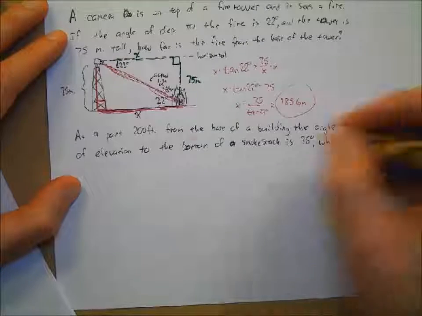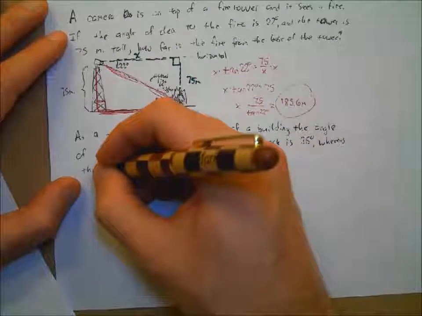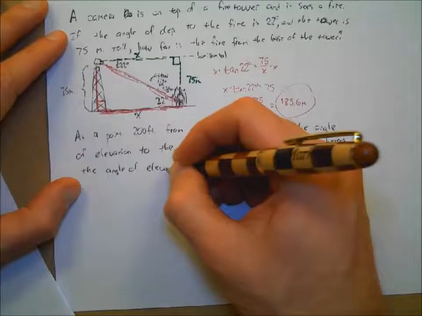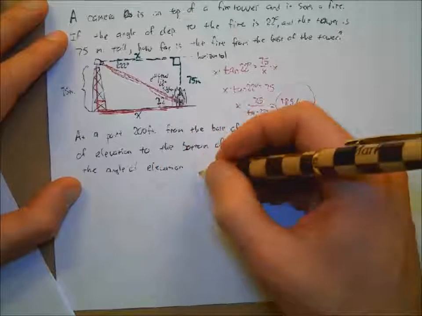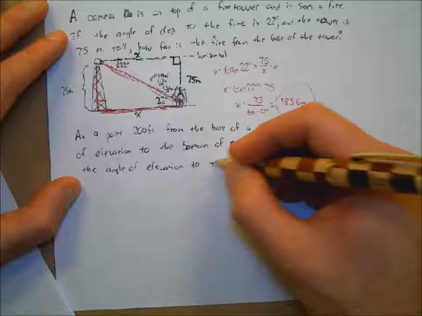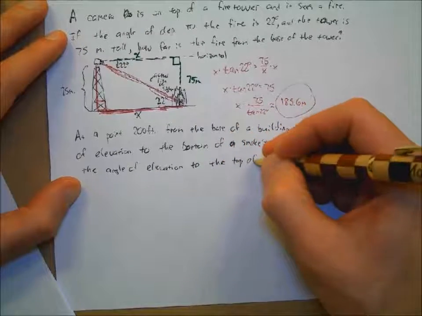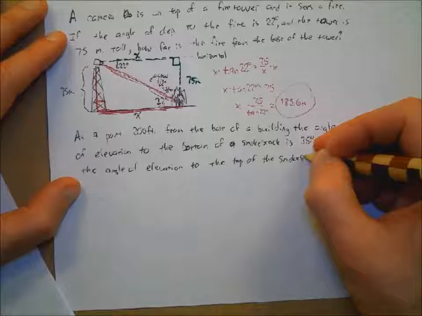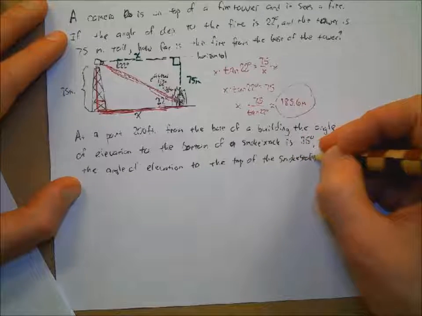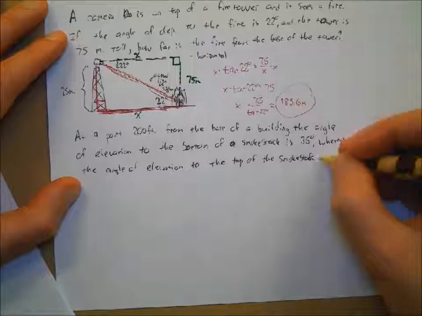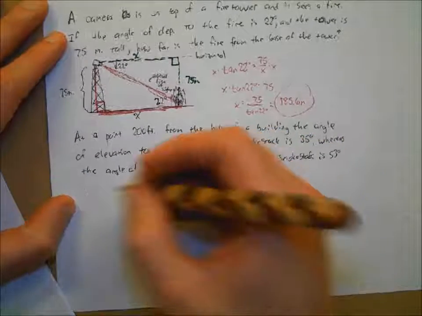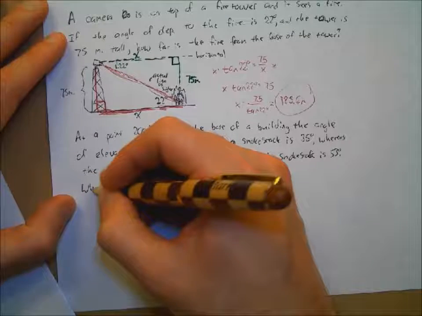Whereas the angle of elevation to the top of the smokestack is 53 degrees. What is the height of the smokestack?